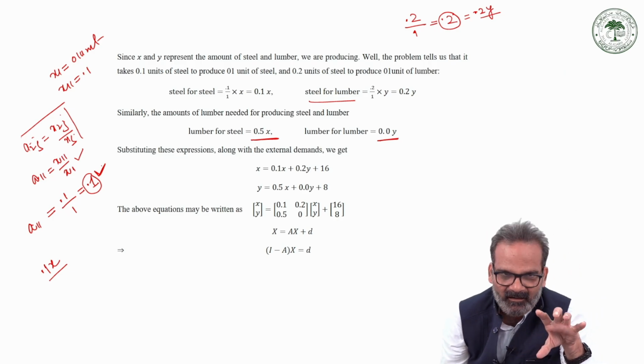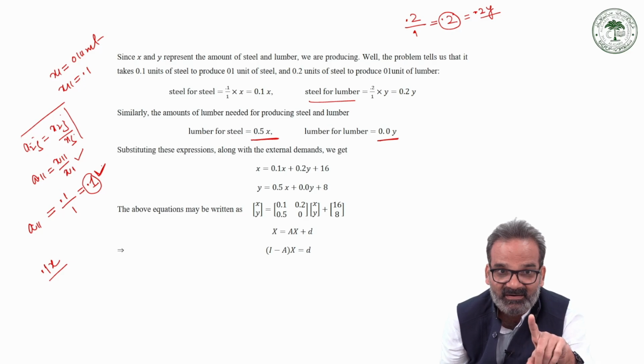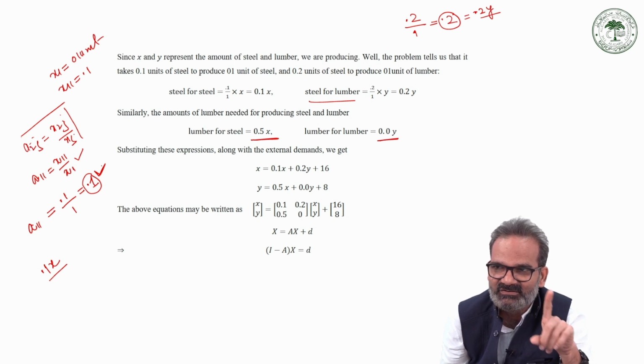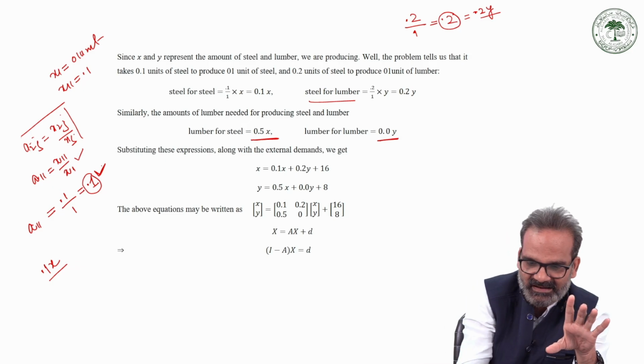This is the input required, meaning the quantity of steel required to produce 1 unit. But we want to produce x units of steel. So if the cost of 1 unit is 0.1, then the cost of x units will be 0.1 into x. This is how we do this calculation, 0.1x.